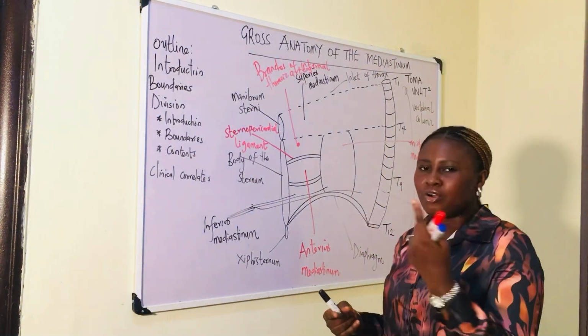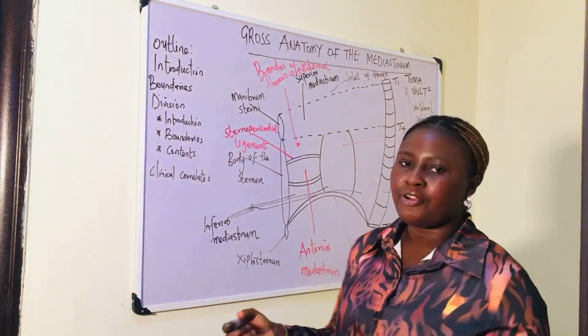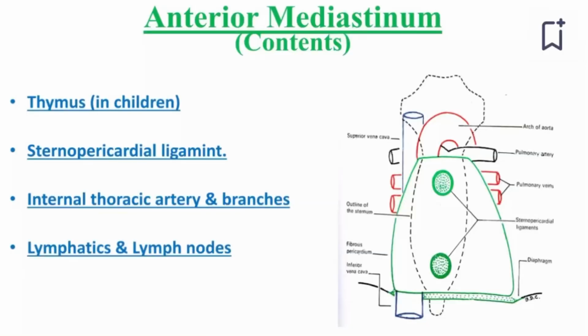Now let's talk about the contents of the anterior mediastinum. Its contents include the sternopericardial ligaments, the lymph nodes with their lymphatics, small mediastinal branches of the internal thoracic artery, areolar tissue, and finally the lowest part of the thymus.